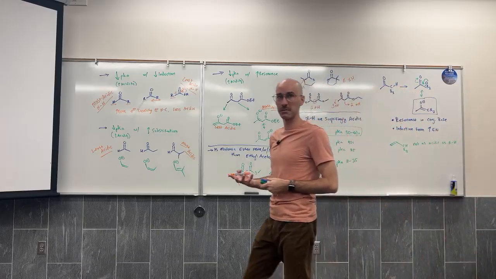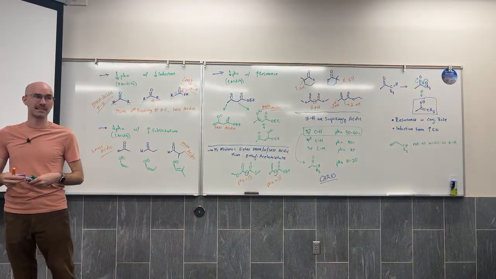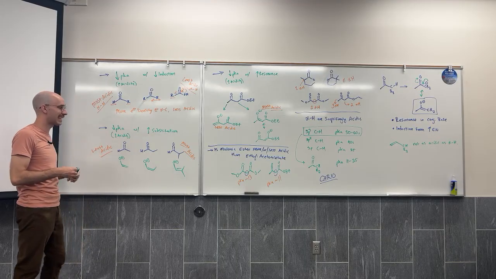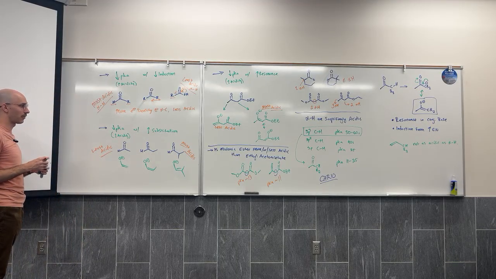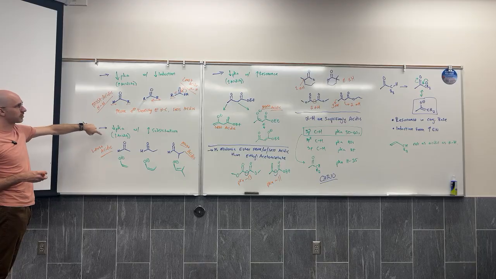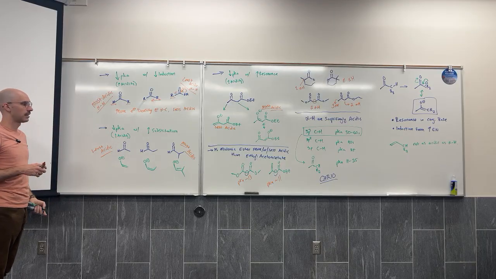I'm not asking you guys to memorize pKa values. In fact, I almost never give specific pKa values. Instead, what I want you to be able to do is rationalize trends: induction, substitution, and resonance.